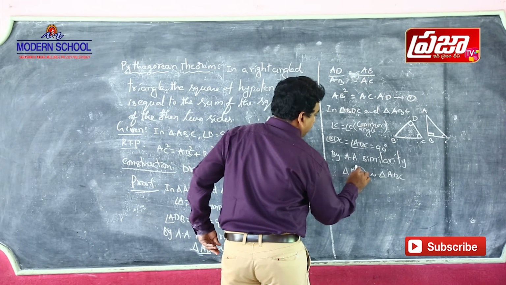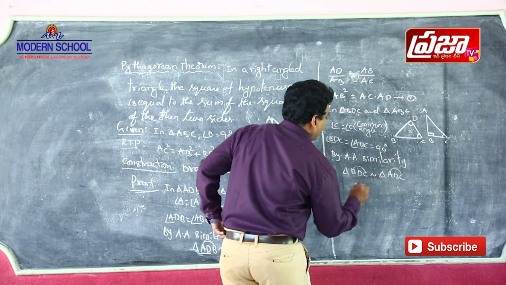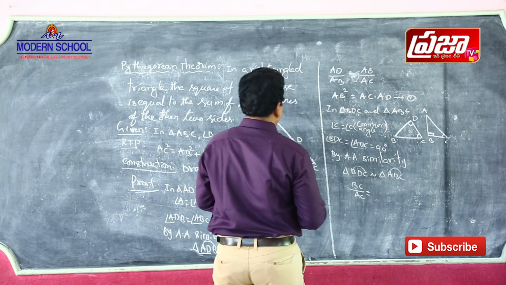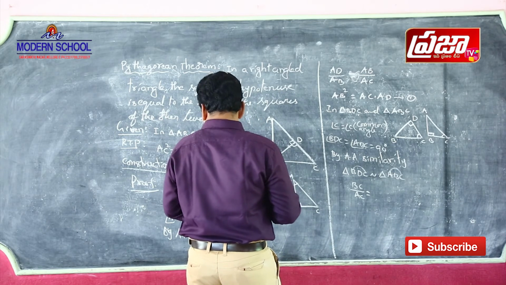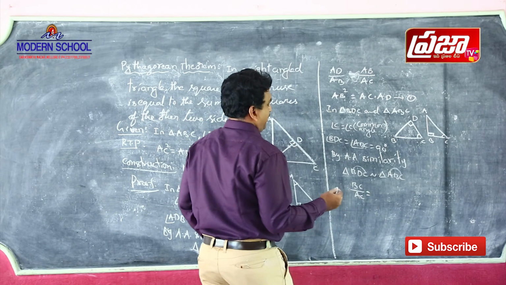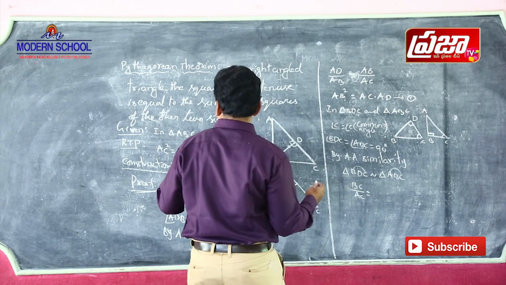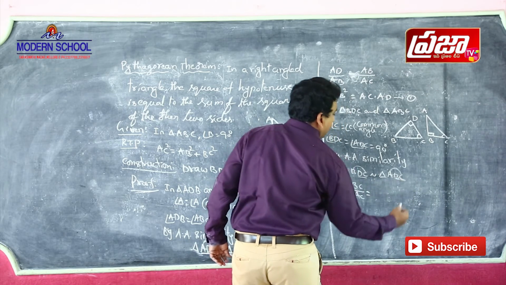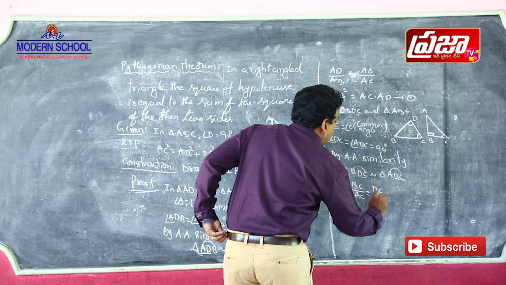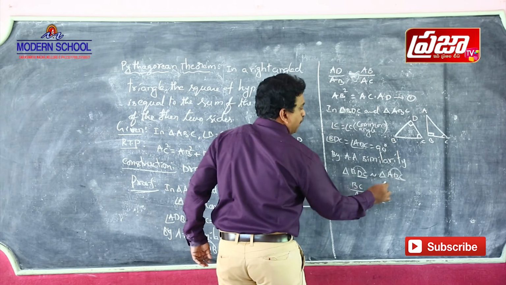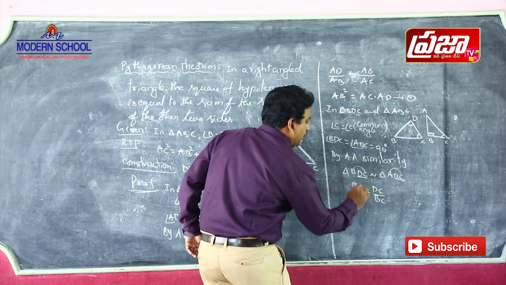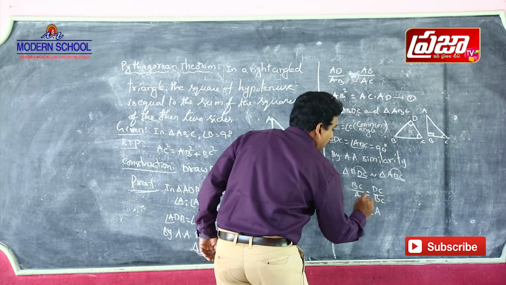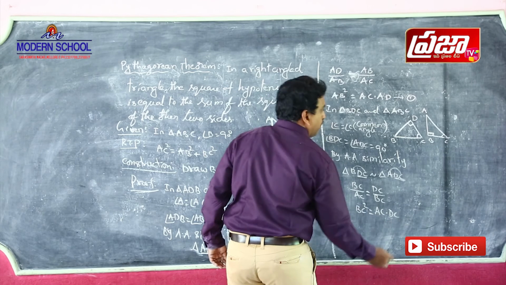If you take BC, its corresponding side is AC: BC by AC is equal to, if you take DC, its corresponding side is BC: DC by BC. So BC square equal to AC into DC.